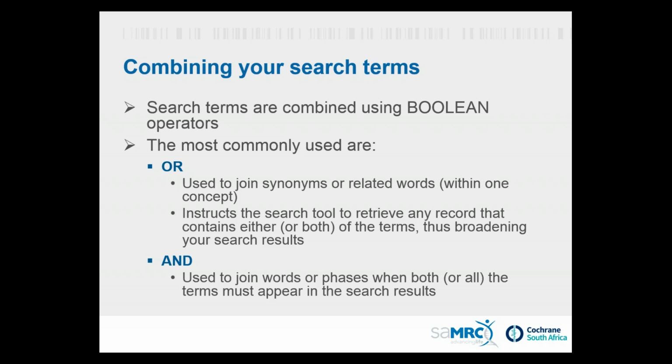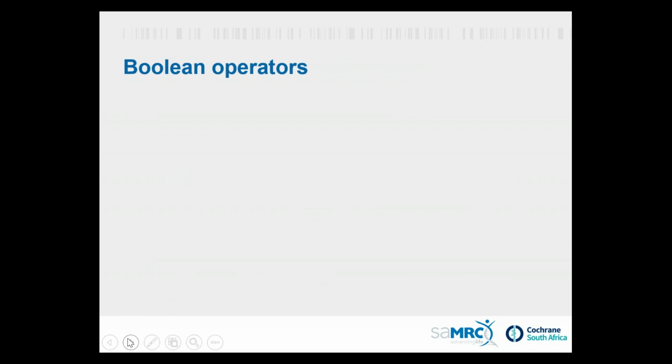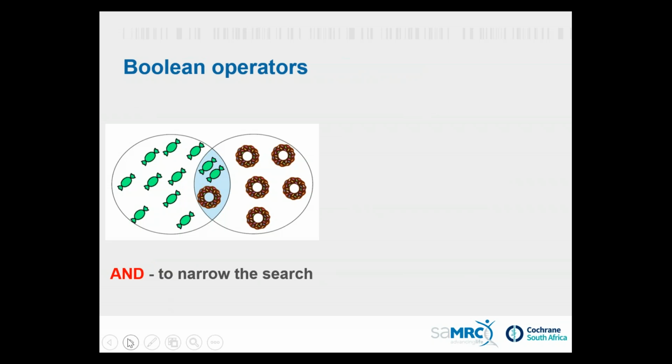That would instruct the search tool to retrieve any records that contain either or both of the terms that we're looking for, and that will broaden your search. The other Boolean operator is AND, which is normally used to combine your various concepts, or to search for results where both terms must appear.